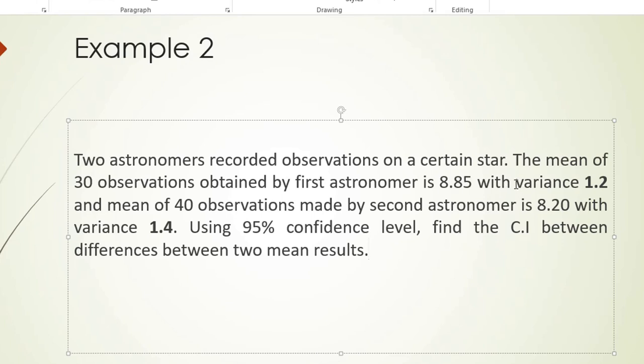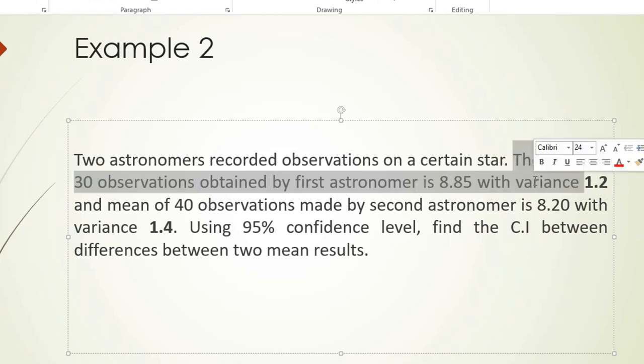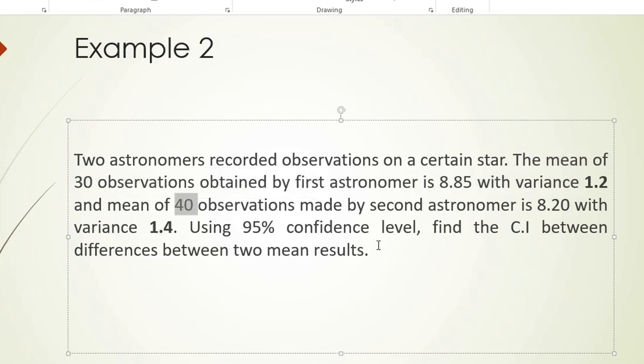The results given to us are the readings of the 30 observations. The same happens here in the third line. The mean of 40 observations gives us an estimate of the variance, that is 1.4. We are not talking about any past experience, any population values for variances, or any prior knowledge.